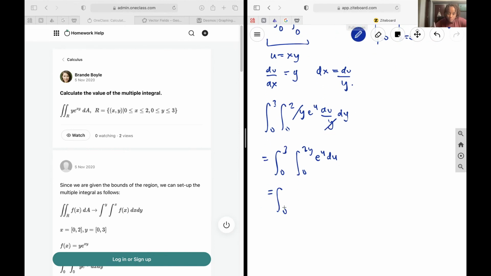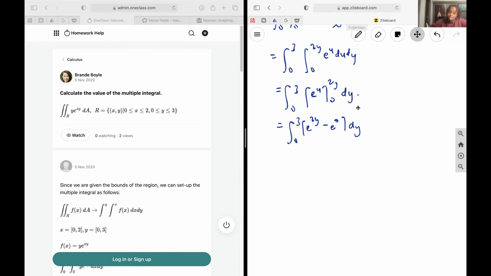And so this will become 0 to 3. We know that the integral of e to the u is e to the u. And this will become from 0 to 2y, dy. Let's put that in: 0 to 3, e to the power of 2y minus e to the power of 0, all dy.